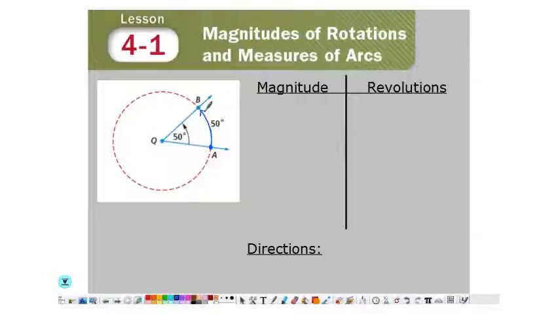Magnitude is the angle and direction of rotation. And revolutions is how many full times around a circle the point moves.